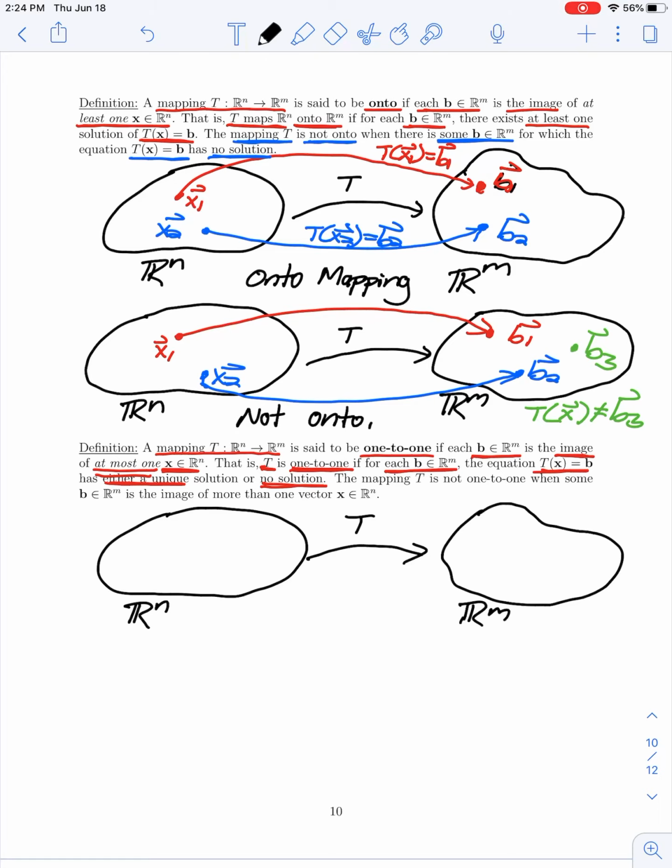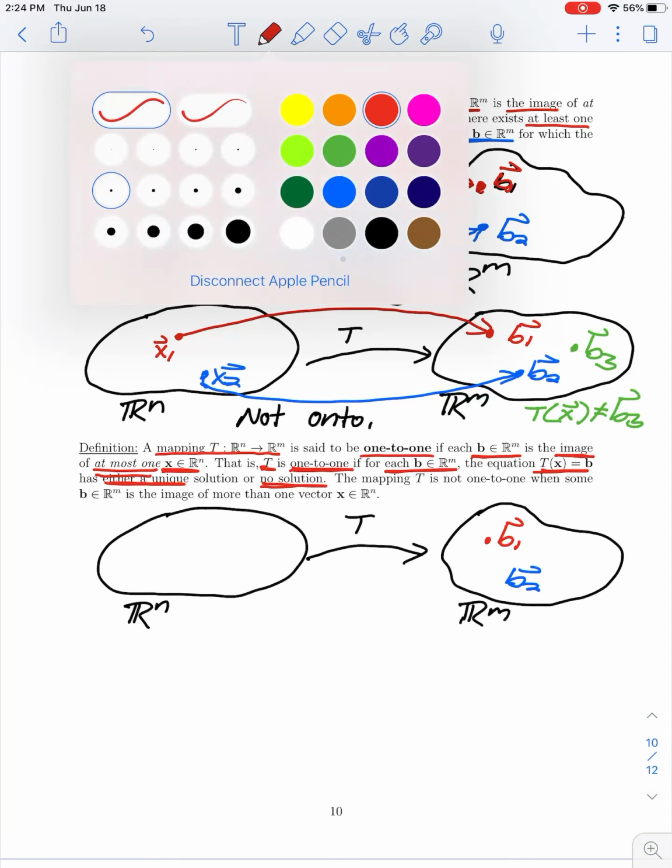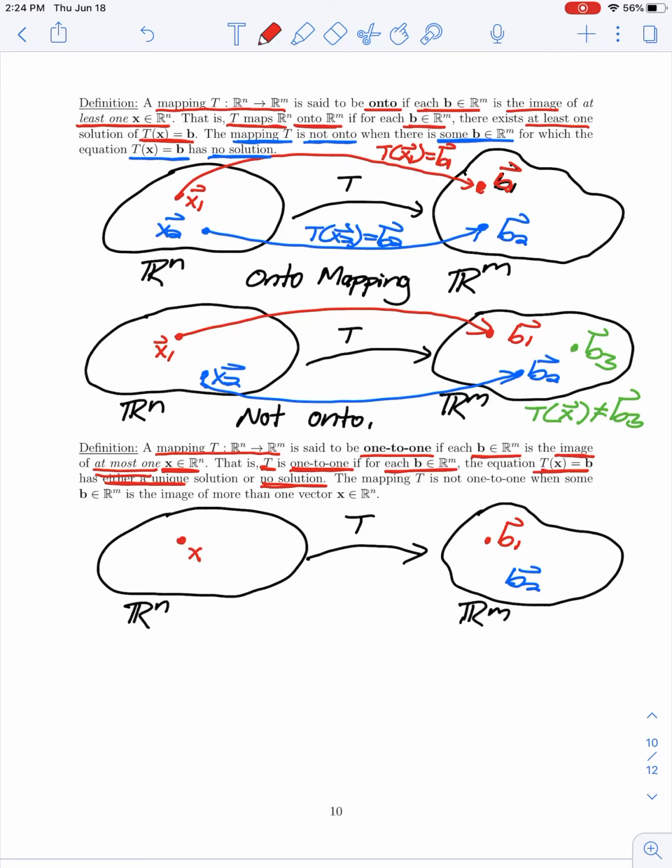And let's say that we have vectors, maybe B1 or B2 in the codomain, where each of these vectors is the image of at most one vector in the domain. So here we could have something like this.